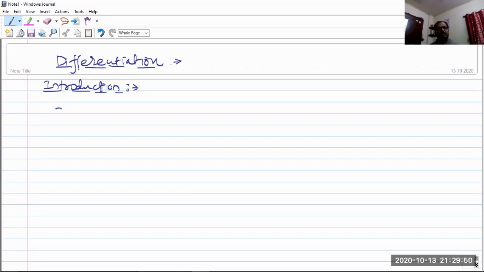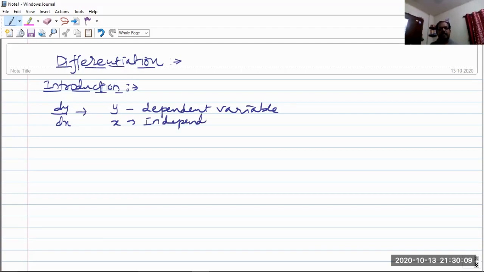We denote the derivative of the function by dy by dx, where y is called the dependent variable, whereas x is called the independent variable, right?